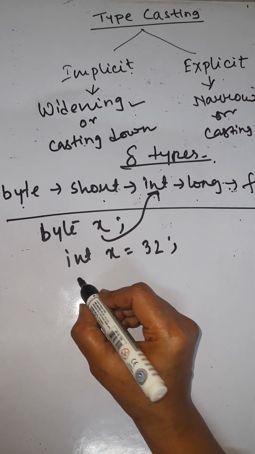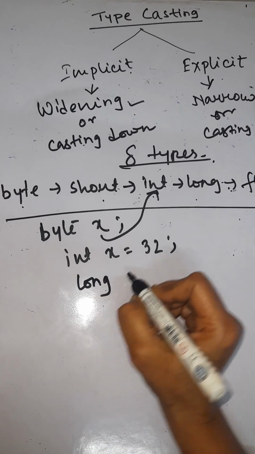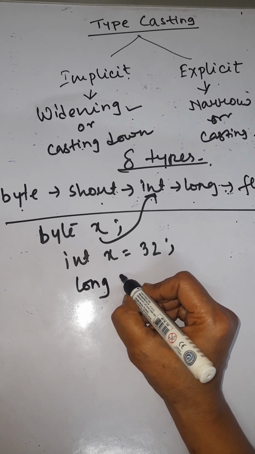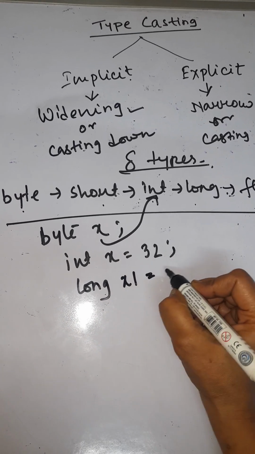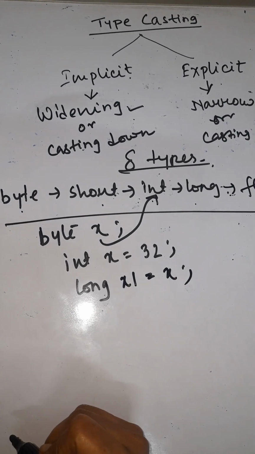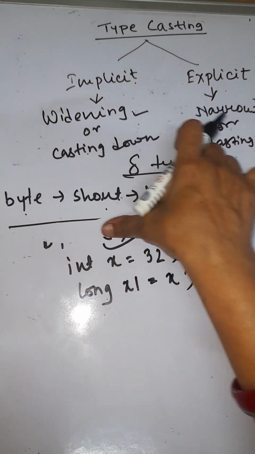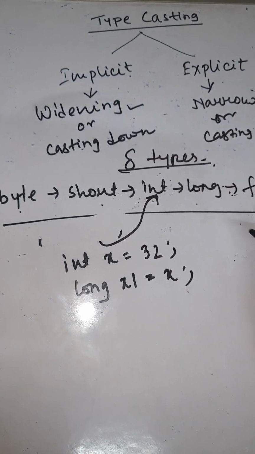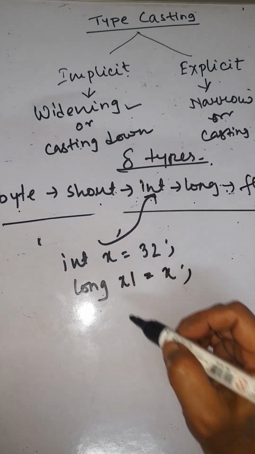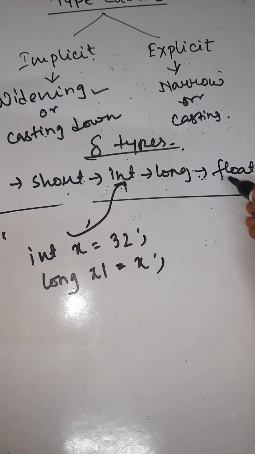So how can you do it? Directly. Long x1 equal to x, no problem. If you have an integer variable where I stored 32, you can directly convert it to long: x1 equal to x.